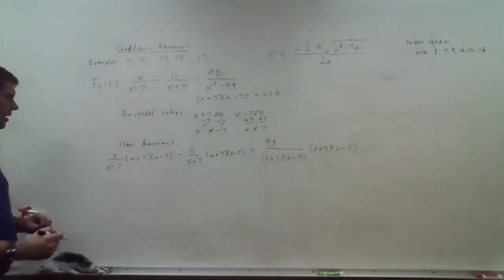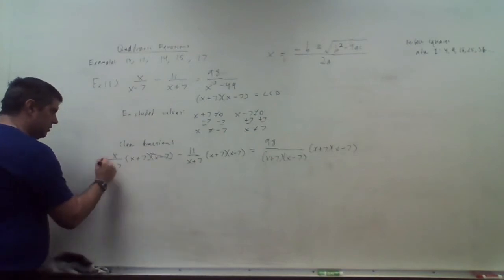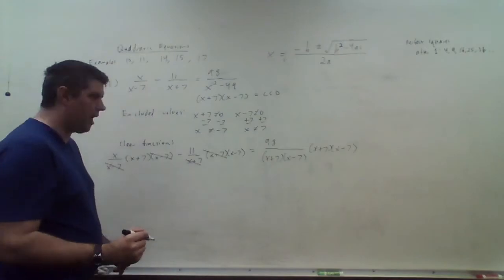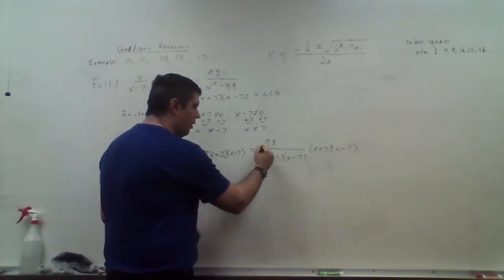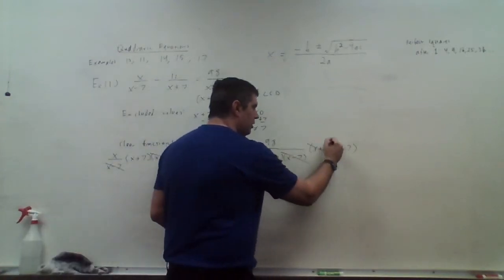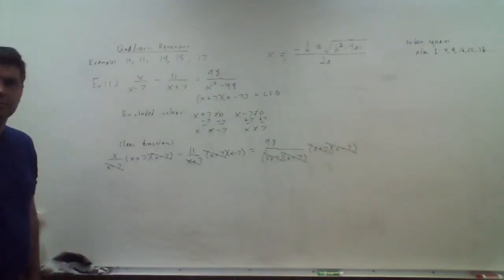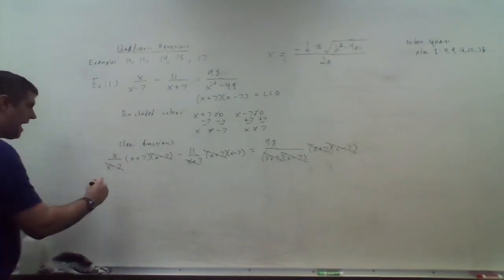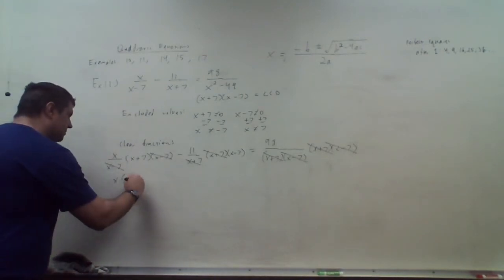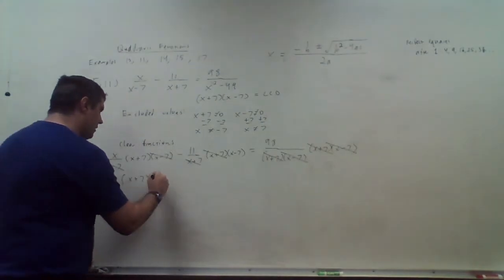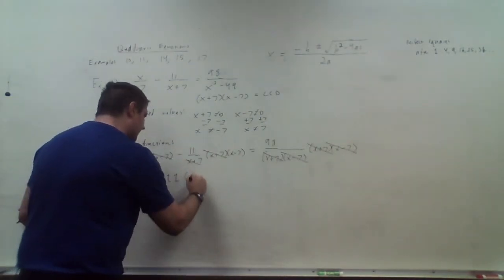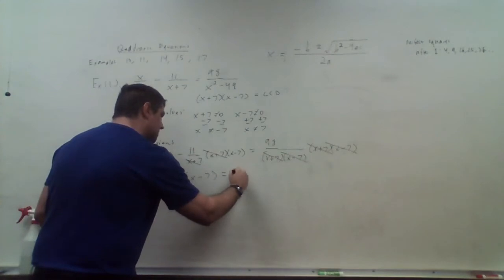Now cancel away your denominators. There should be no more denominators when you're done. And over here, both cancel. So you just have x times x plus 7 minus 11 times the x minus 7 equals 98.